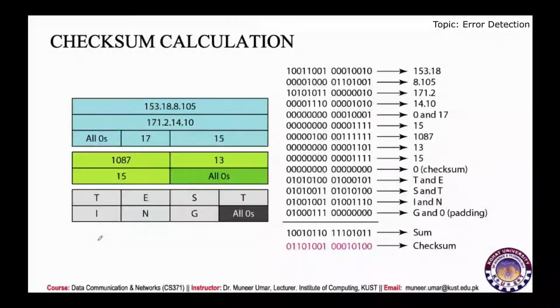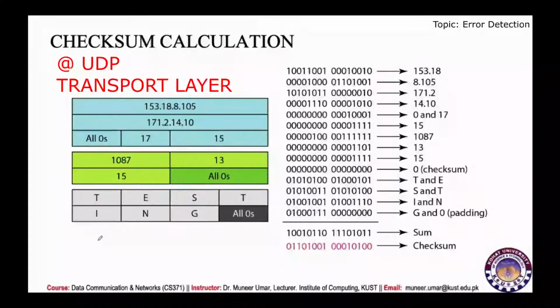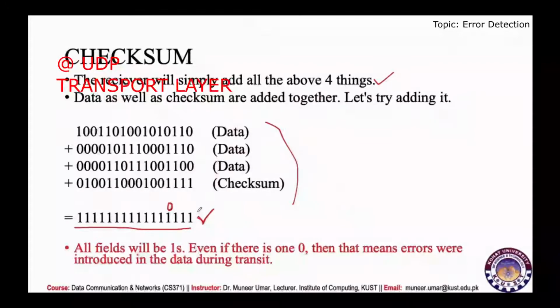Let's consider a proper example for UDP checksum calculation. We are going to send this data, which is "testing". So we have 1, 2, 3, 4, 5, 6, 7 characters. One character needs 8 bits. As we saw earlier, for checksum we need these blocks of 16 bits.